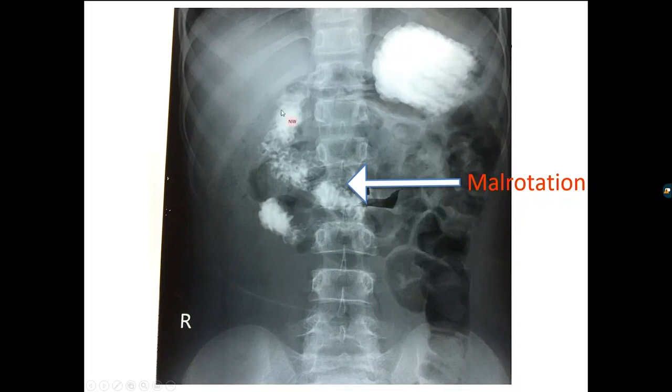Versus in a normally rotated small intestine, you can see the duodenal loop coming in this way, crossing the midline or the spine, and the DJ flexure starting somewhere in the left of the abdomen, and the small bowel loops more towards the left side of the abdomen. So this was a case of malrotation picked up by the contrast study because the X-ray showed possible features of proximal bowel obstruction, and the baby presented with bilious vomiting.